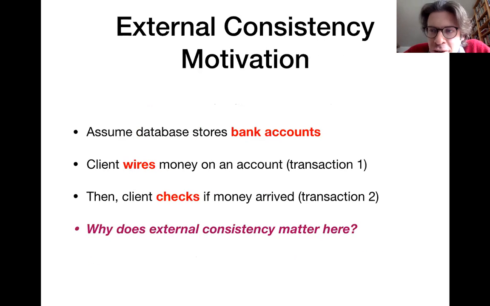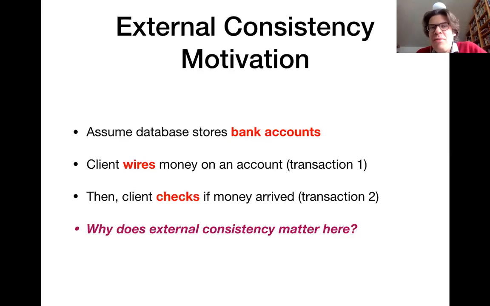So the motivation for external consistency is, for instance, the following scenario. We assume that we have a database which stores bank accounts, and a client wires money to one account with a first transaction, and then later submits a second transaction which checks whether the money has already arrived on the new account.